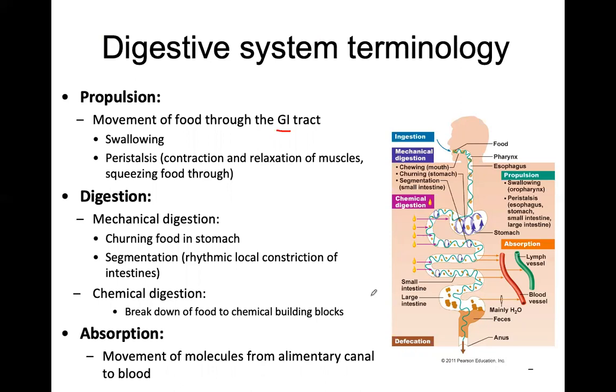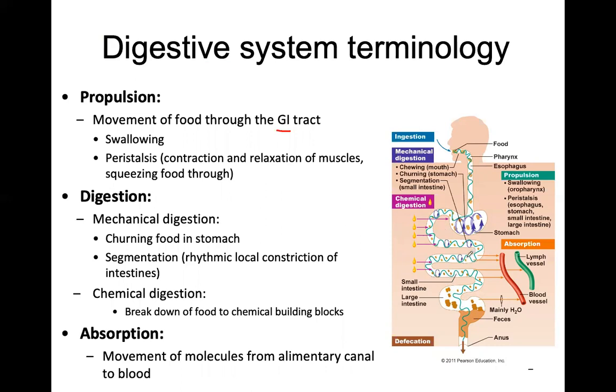So anything you see in purple arrows in your picture on the side is a depiction of the mechanical digestion. Again, you can see it happening in your stomach, and you can see it happening in the length of your small intestine. It doesn't extend to the large intestine because you don't really break down food at that point.